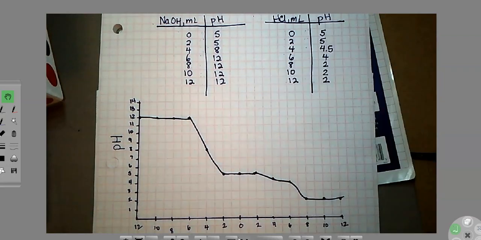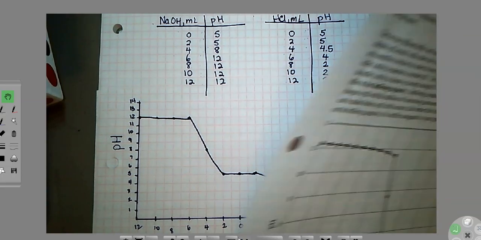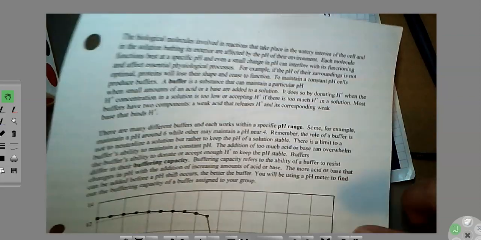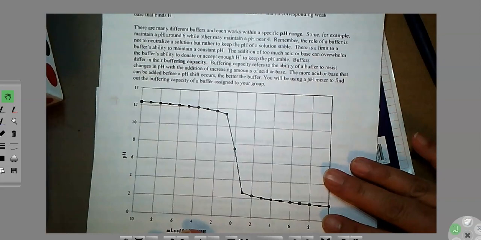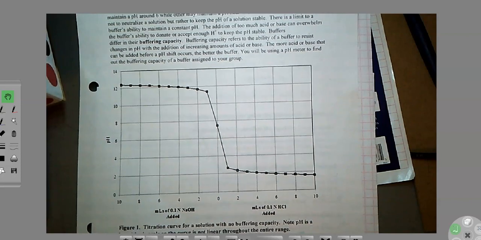Okay. So as you can see here, we do have a buffer because it is maintaining the pH at a certain level. Now let me just show you this picture here. This is from the lab manual, and this is showing something like water where there's no buffering capacity.